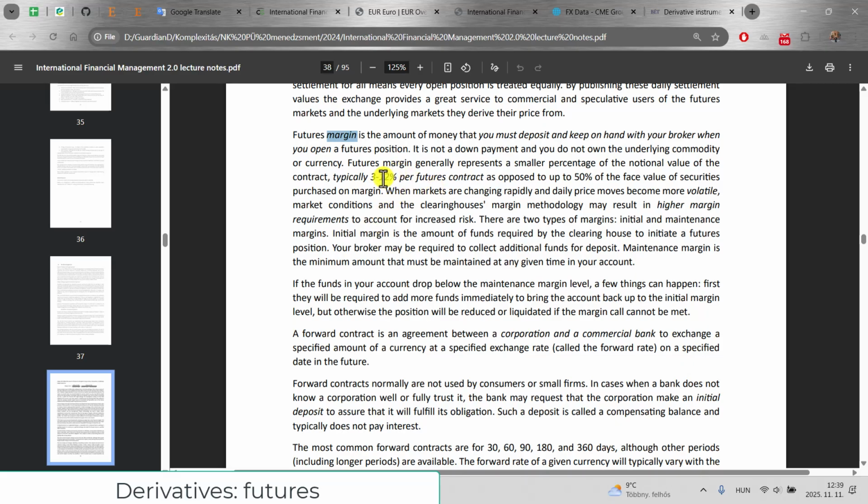Originally you have to create an initial margin, but this can be anywhere between 3 to 12% of the futures contract. You have to keep it as a deposit, so the money should be in the hands of the brokerage firm or the bank which will make this contract possible. And until then, you have nothing to do with this money.